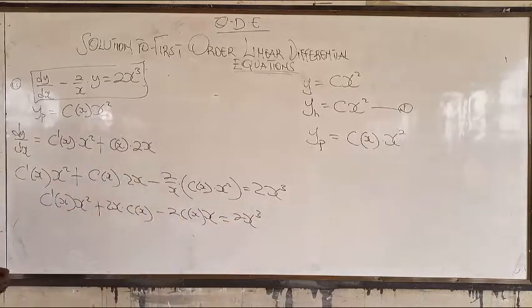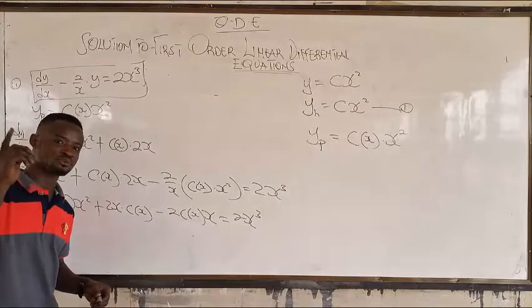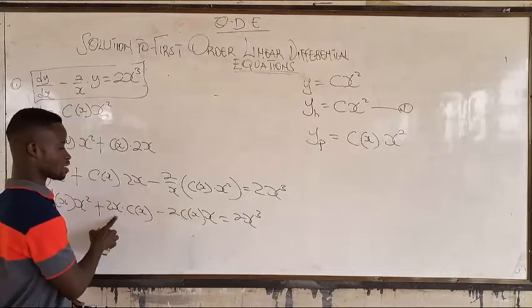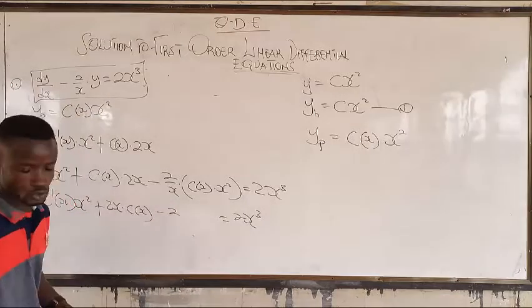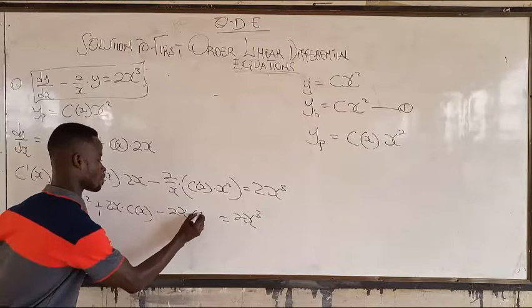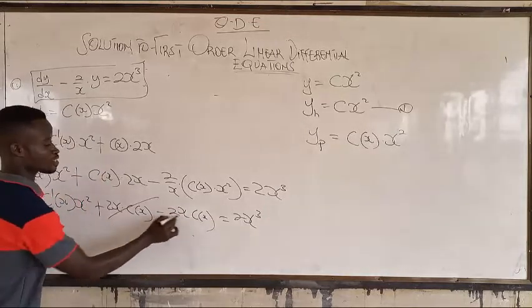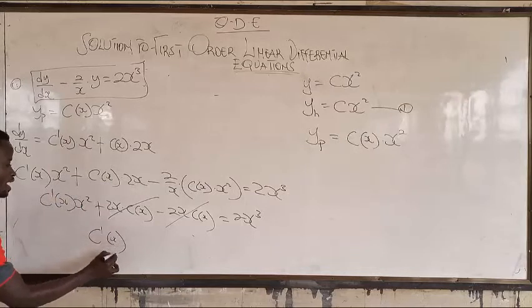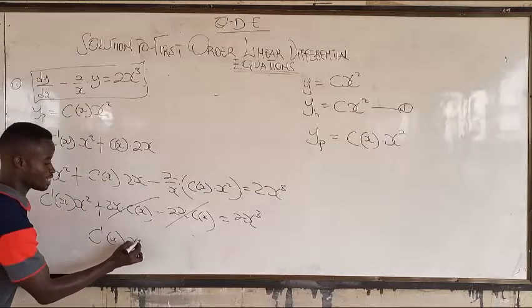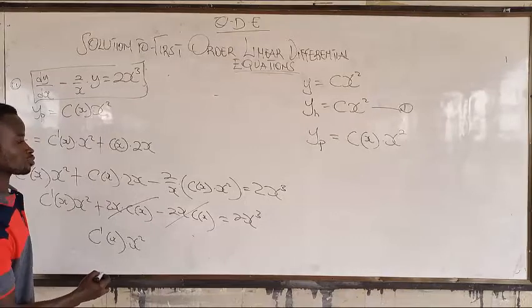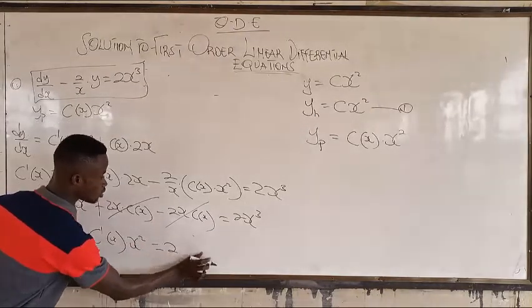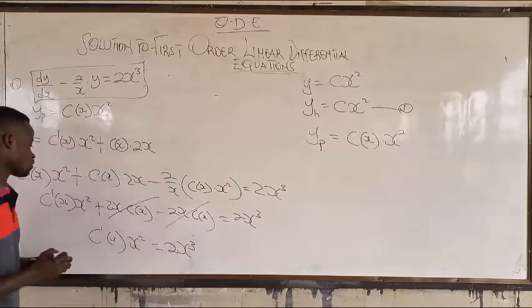And now, as I said, something must kill a man. We can write this as, because I can see something here, we can write this as 2x, and this will cancel this. So we get c prime of x multiplying x squared is equal to 2x to the power 3.